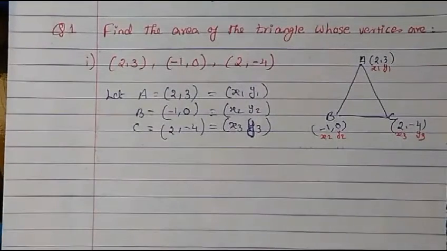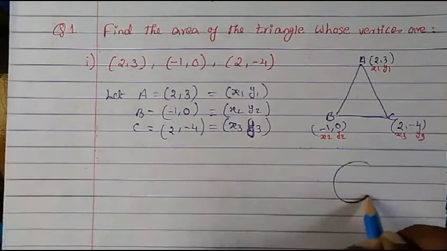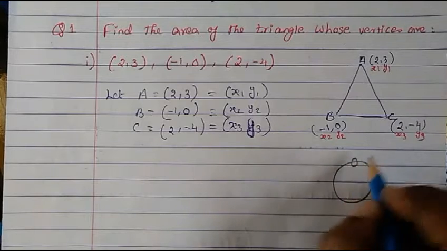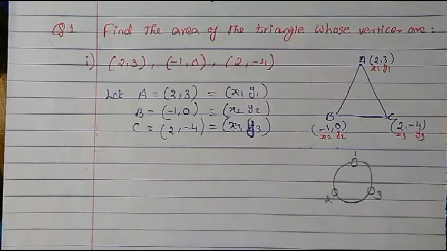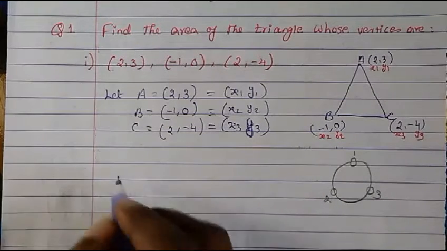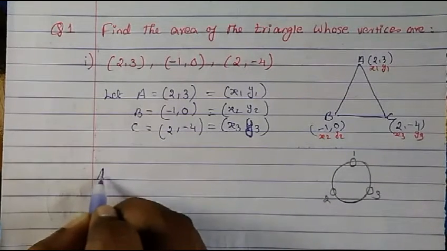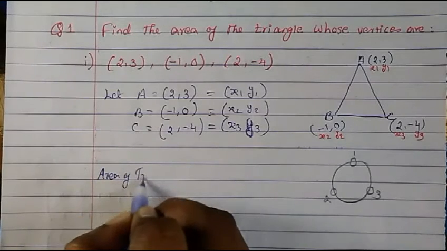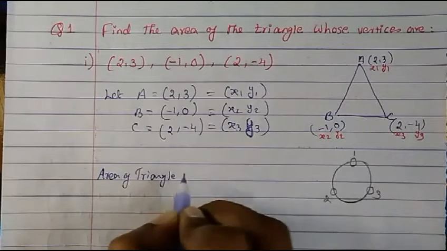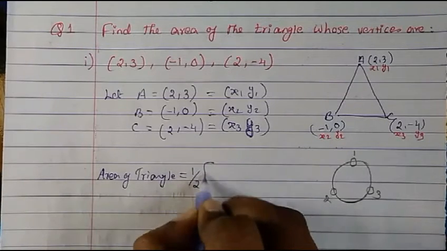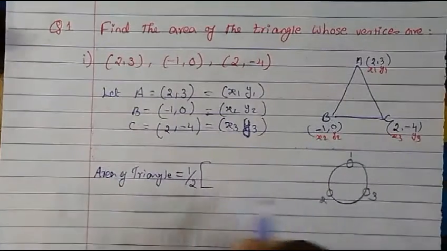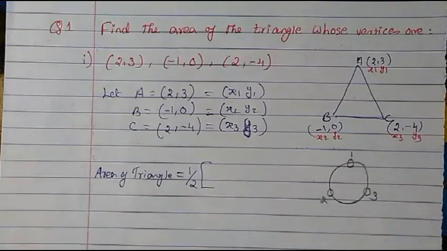So let's apply the formula. The formula I have told you how to remember in the introduction part, in a cycle. This is 1, this is 2, this is 3. Area of triangle is equal to half, and the formula to remember I showed you like this.